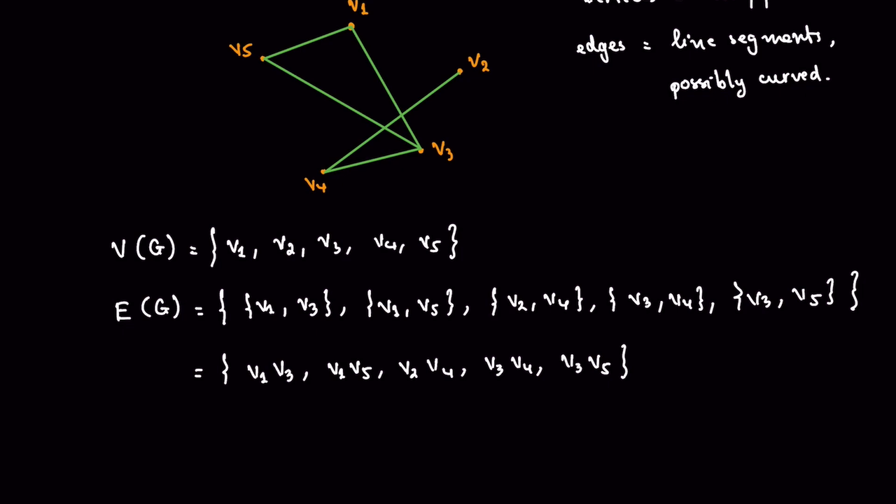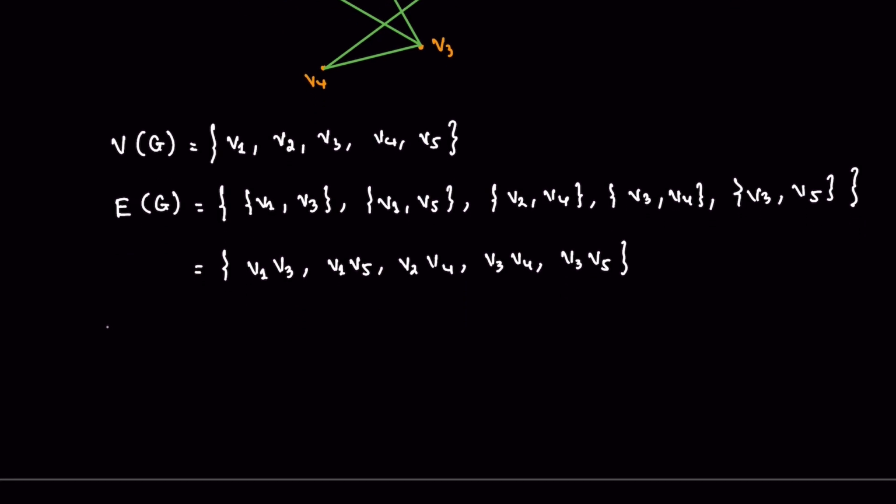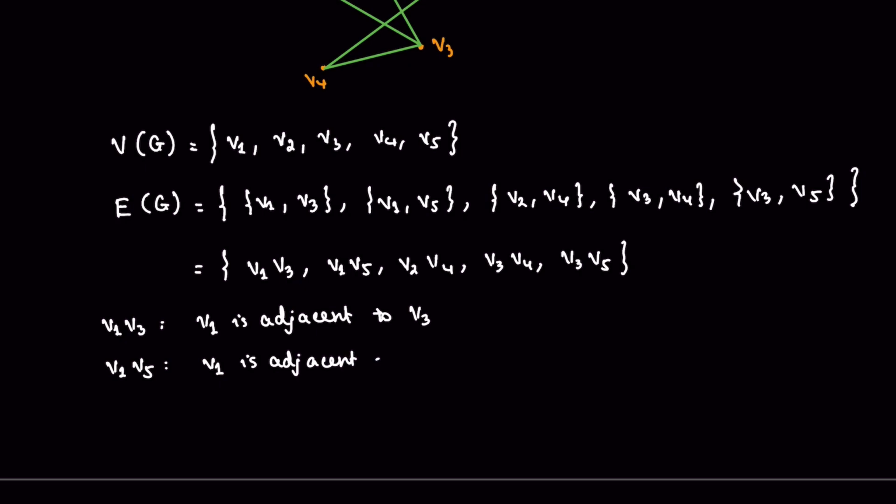When you write something like this, another conclusion you can draw is that vertices on the same edge are said to be adjacent to one another. So in this case, you have V1V3, meaning that V1 is adjacent to V3, and so on and so forth. V1V5 means V1 is adjacent to V5. V2 is adjacent to V4, V3 is also adjacent to V4, and V3 is adjacent to V5.